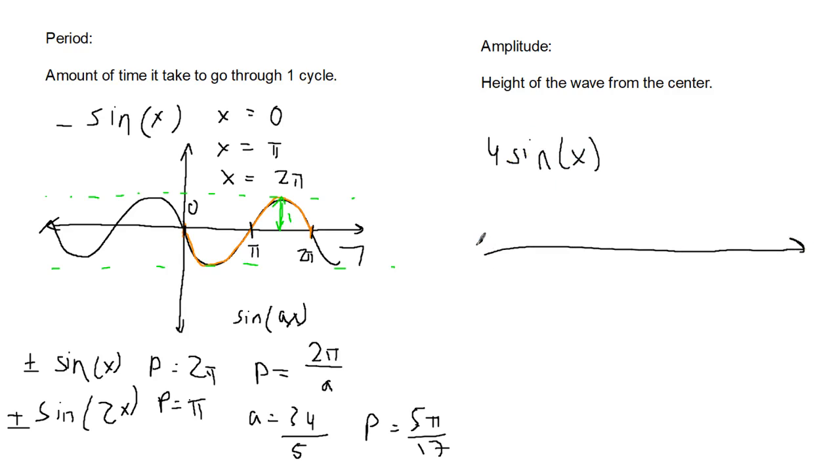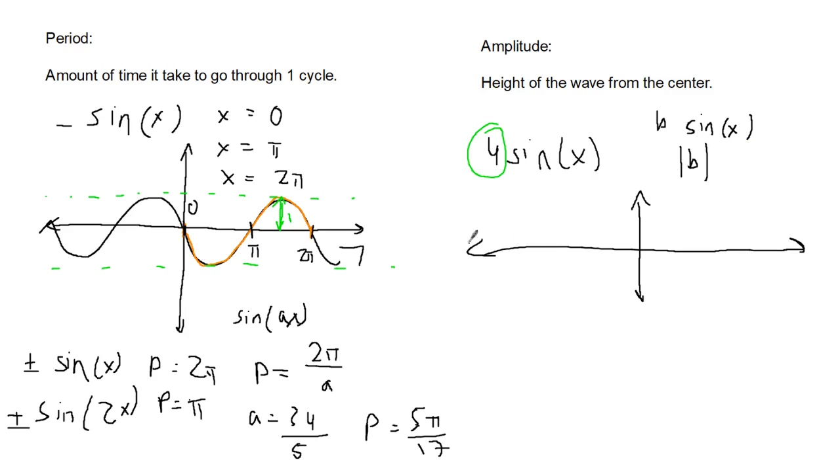The amplitude is really easy to figure out. If you took trigonometry in your geometry class, you might be able to figure this out quite easily, because the amplitude is just this number. That's the amplitude. It's the absolute value of that number. So if we had b sine x, it'll be the absolute value of b.